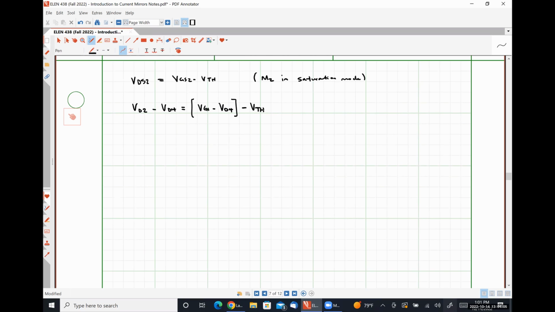Minus VTH. From this, we can simply add a VD4 to both sides. So this is going to look like a VG1 minus VTH.